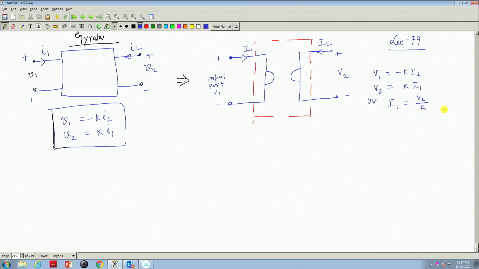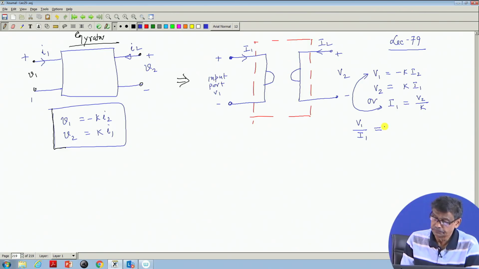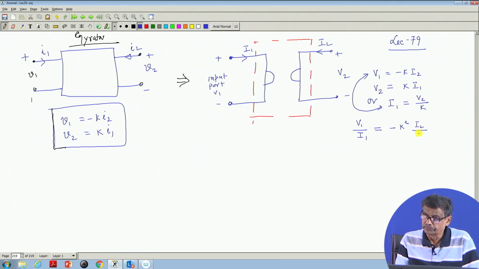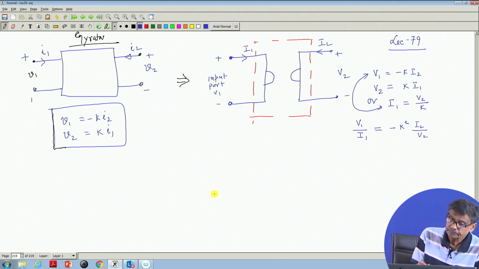Then if you divide V1 by I1 from these two equations, it becomes equal to minus k square into I2 by V2.